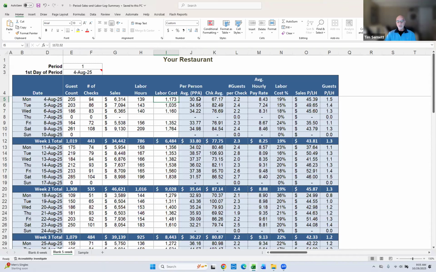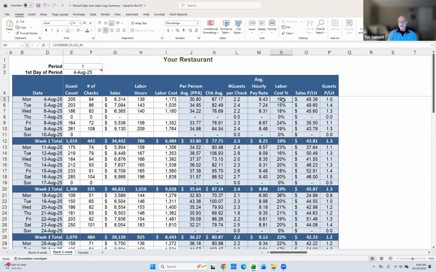And then these columns in blue, they just start to calculate these KPIs. Per person average, that is your total guest count divided by the number of labor hours, your check average. That's actually the total sales divided by the guest count. But the key ones are the average hourly pay rate and your labor cost percentage, sales per hour, and number of guests per labor hour.